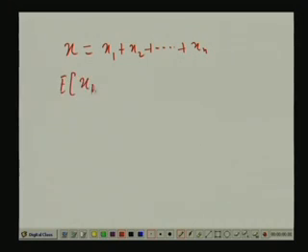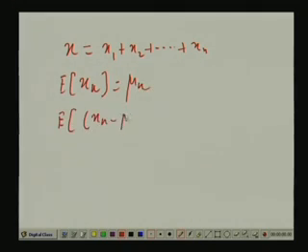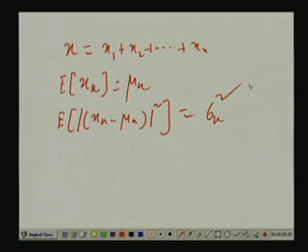Now, suppose we are given that E of x k is mu k, and the variance E of x k minus mu k mod square is sigma k square.